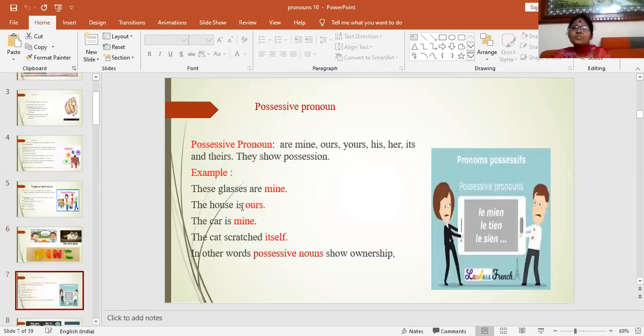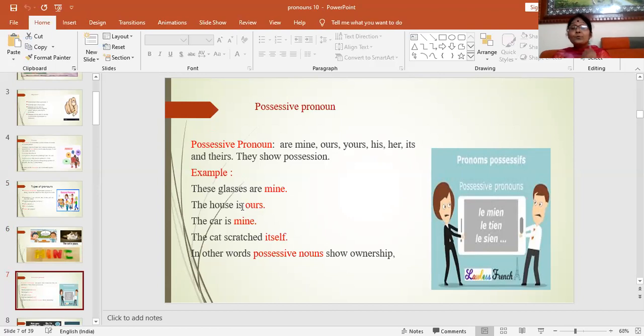So possessive pronouns show possession: mine, yours, right? So this way we use ours, right? It's a possessive pronoun. So they are pronouns like mine, ours, yours, his, hers, its, and theirs.